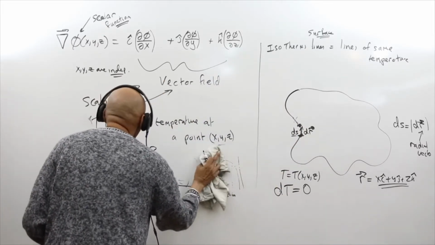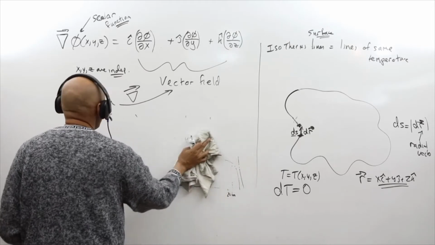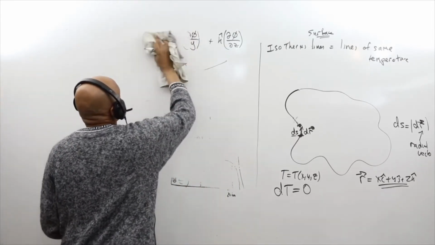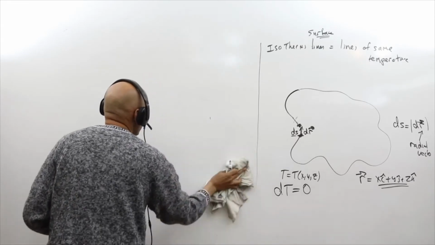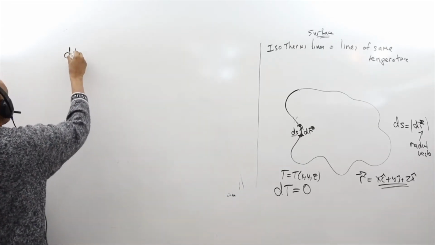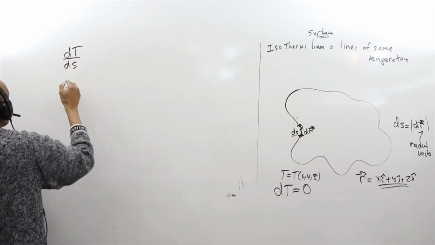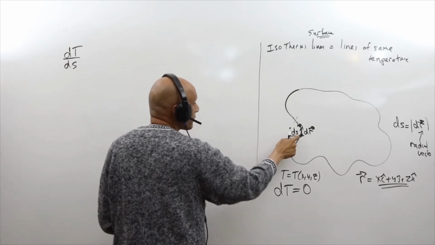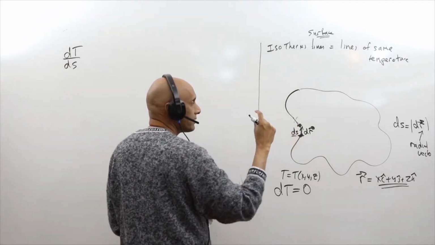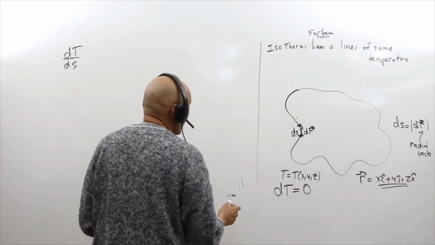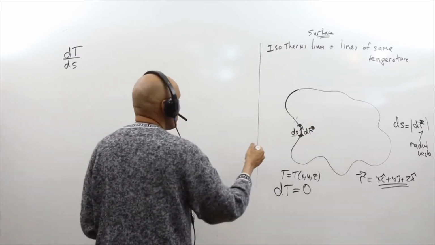But I also know from my basic understanding of multivariable calculus that if somebody told you dT, I'll do it in terms of ds so you can see it better. This is the change in temperature with distance traveled, where s is the distance traveled, which is the magnitude of dr.